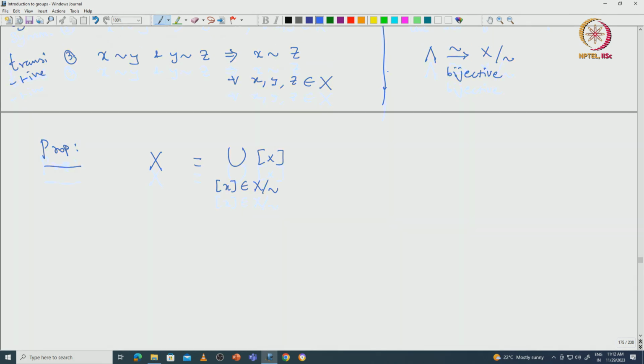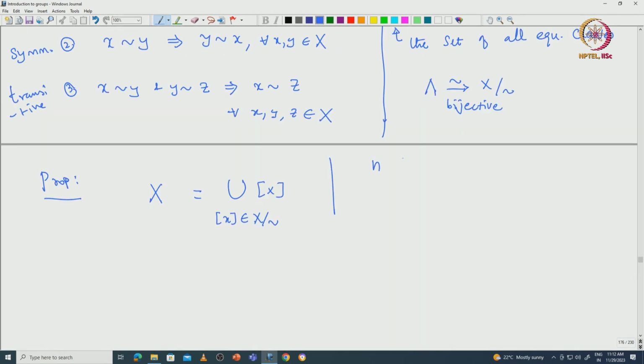Okay. So, in practice, we choose this capital Lambda as a part of capital X, such that capital Lambda intersection with any equivalence class will be just one singleton element.